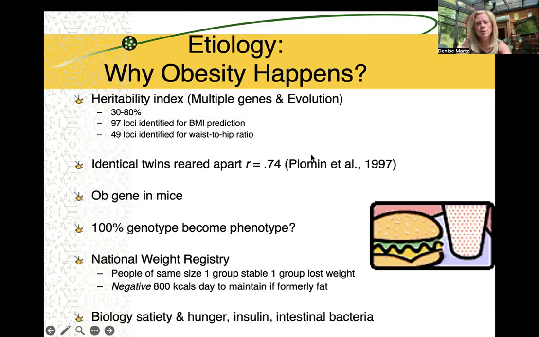But if we look at identical twins in this research that were reared apart, and you'll see this is kind of dated because we don't do this anymore, the correlation is 0.74. So if we want to see shared variance, we square this. And if we square this, we're at about 50%. About 50% of a person's body size is predicted by their genetics, and about 50% is predicted by their environment.